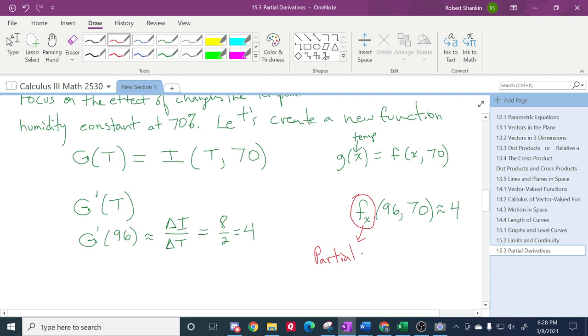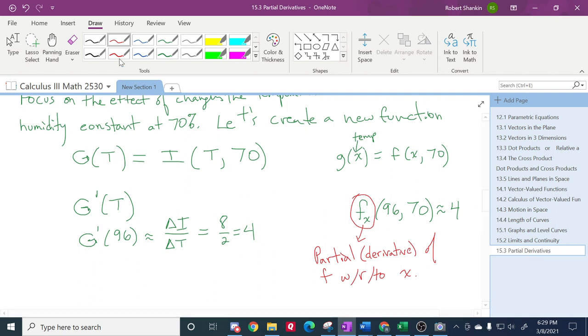We often leave out the word derivative. Partial of f with respect to x. The partial of f with respect to x.